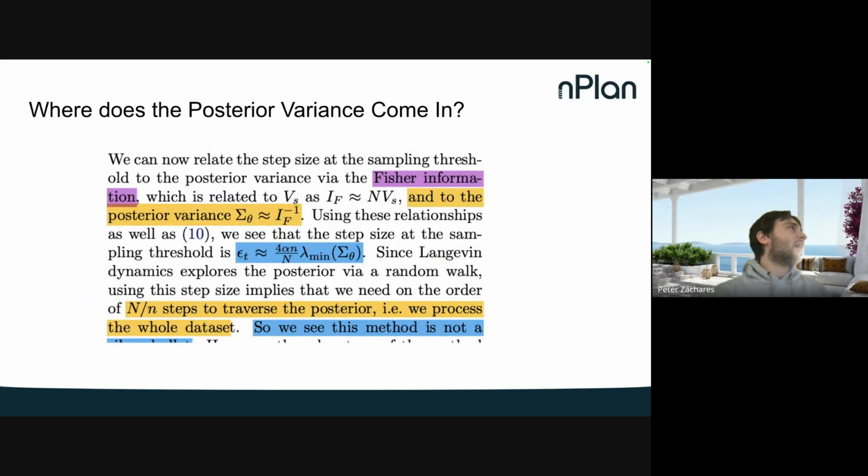Now, okay, just two things quickly and then we're done. But again, where does this posterior variance come in? If you look where my cursor is, how come the posterior variance is kind of equal to the inverse of the Fisher information? Now, I don't have time to go into this, and I didn't even have time to prepare to go into it.